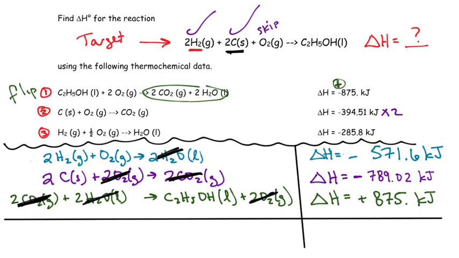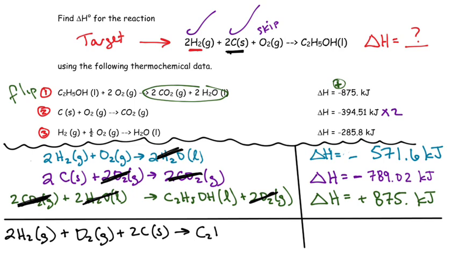So I end up with 2 hydrogens plus oxygen plus 2 carbons. And that makes the C2H5OH. And then this is my actual answer over here, the delta H for this reaction overall.